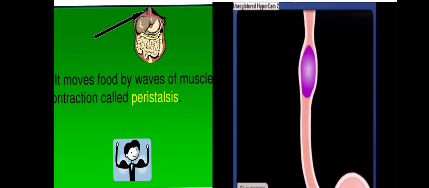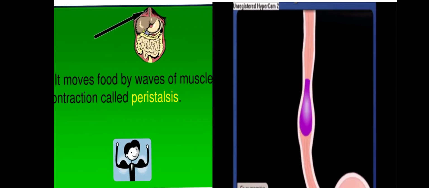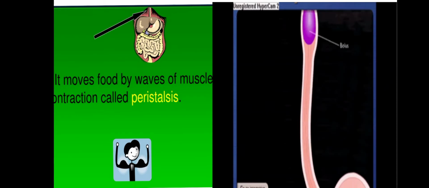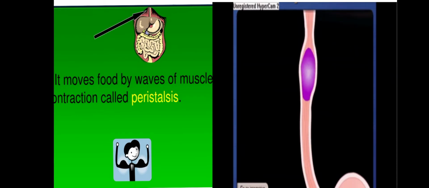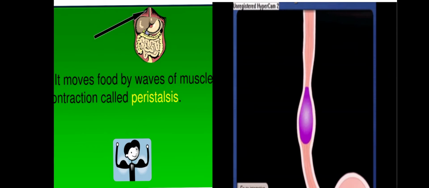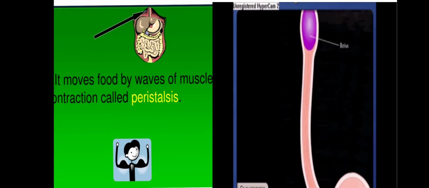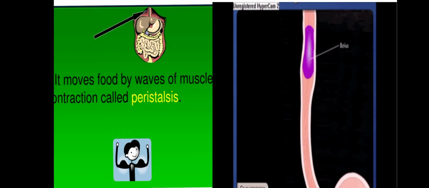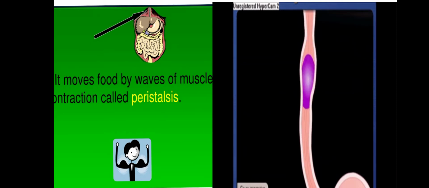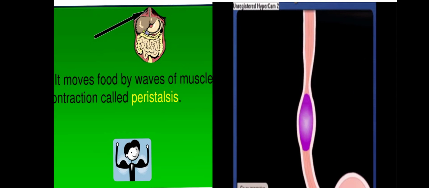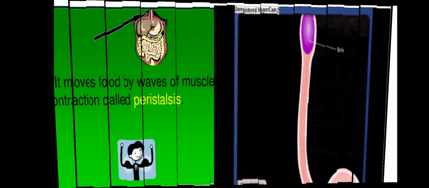Now today we'll be learning a very important term that is known as peristalsis. The food that is present inside our mouth is known as bolus. So what is peristalsis? It moves the food by waves of muscle contraction.